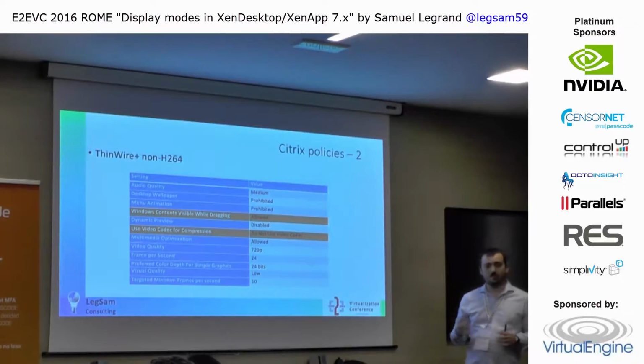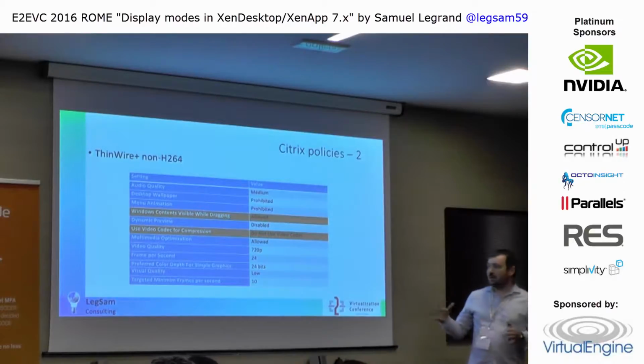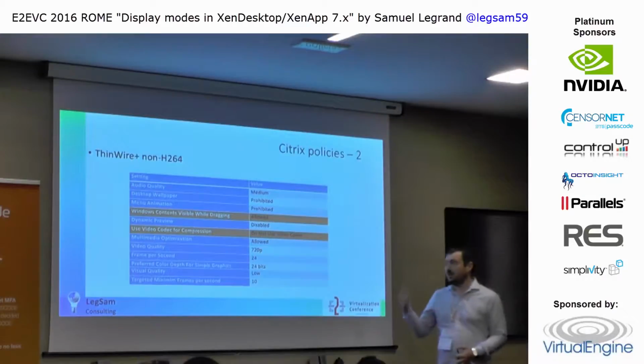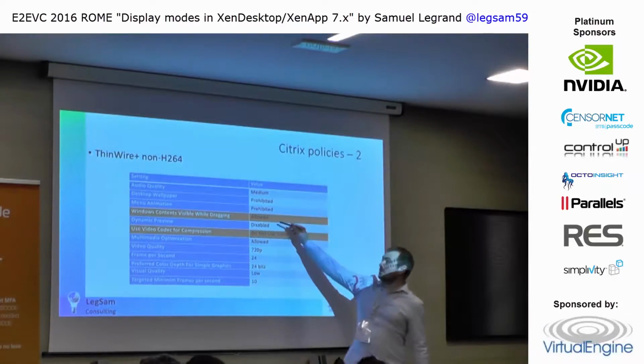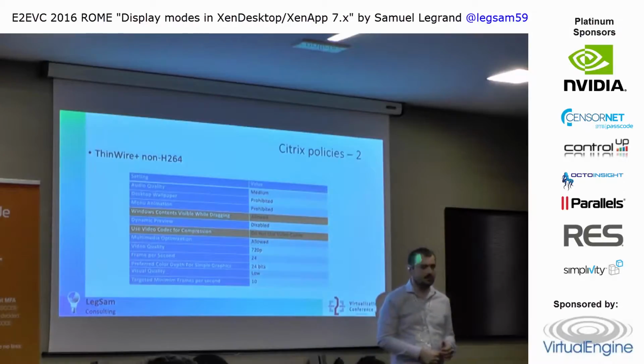That sounds crazy at the beginning, but after looking at the way it works, it caches the entire window and it moves just a pointer. But that was not the case in legacy mode. So it's quite strange at the beginning, but you have to put this parameter.